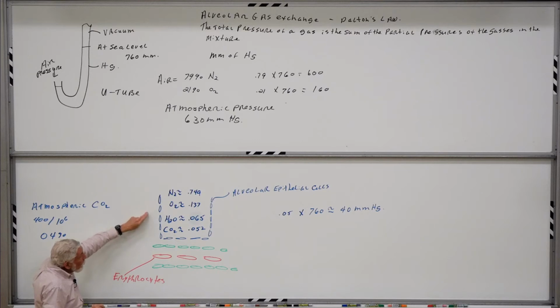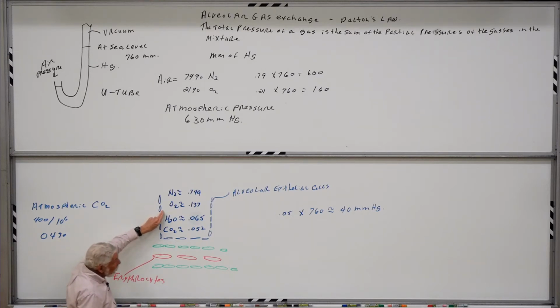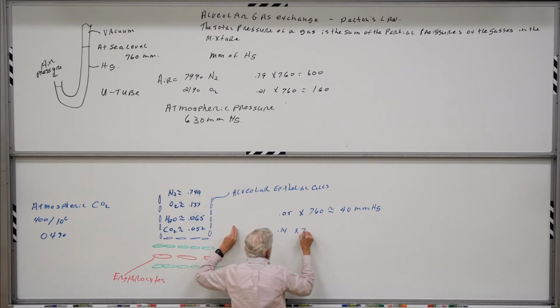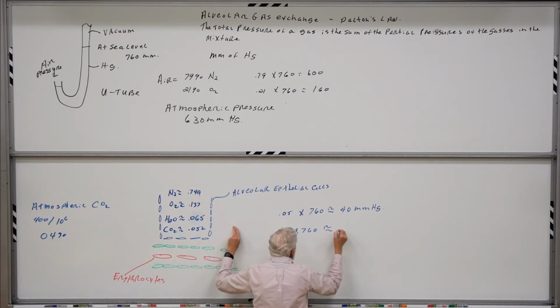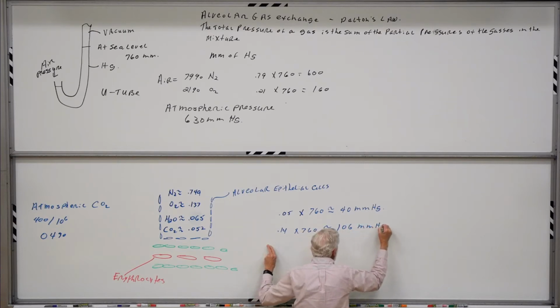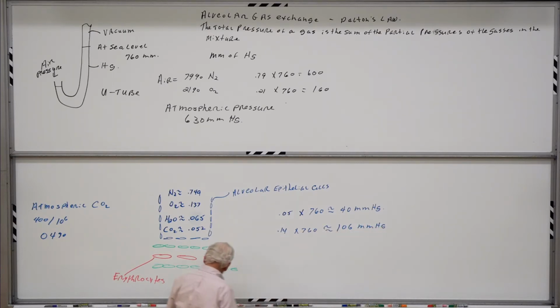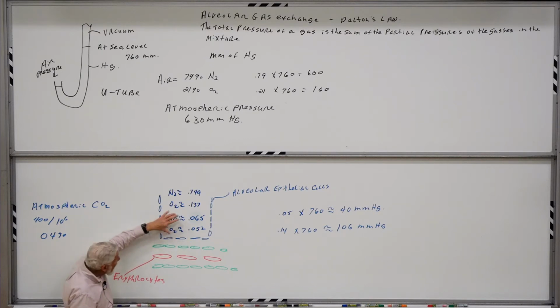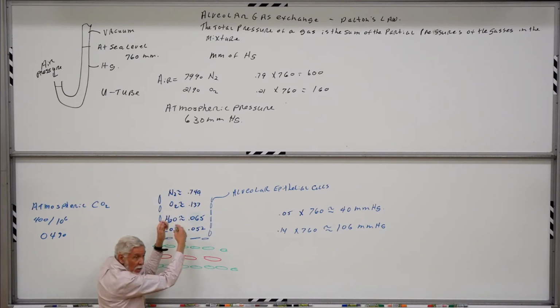If you work your way through this for the oxygen, you do 0.14 times 760, and you come out with a number in the neighborhood of about 106 millimeters of mercury. So those effectively are the concentrations of carbon dioxide and oxygen down here in the alveolar space of the lung.